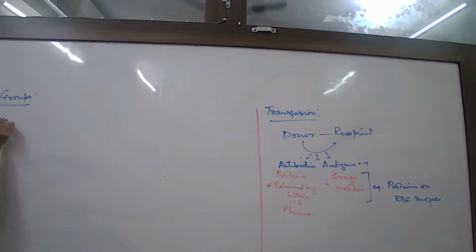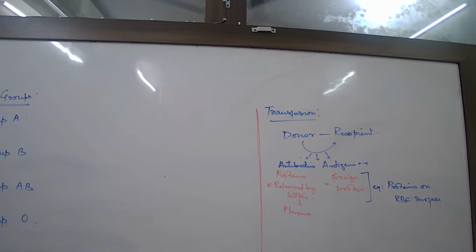I talk about blood group A, then blood group B, and then blood group AB. Do you all know your blood groups? Yes. Okay. And then I talk about blood group O. Humans can be categorized based on these four blood groups.